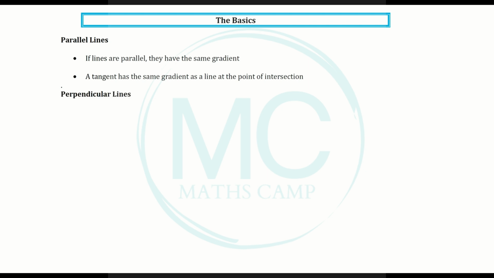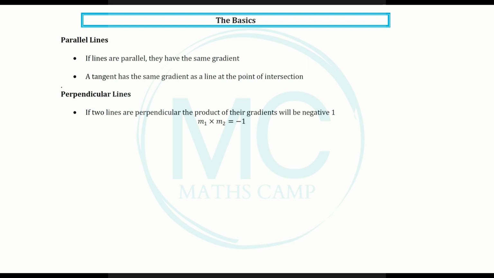Now let's look at perpendicular lines. If 2 lines are perpendicular, the product of their gradients will be negative 1. The only way that this is possible is if the 2 values are negative reciprocal fractions. A reciprocal fraction is a fraction turned upside down.